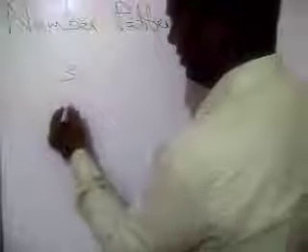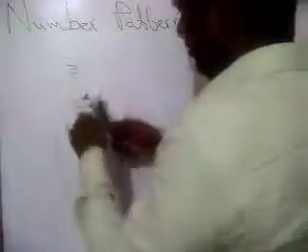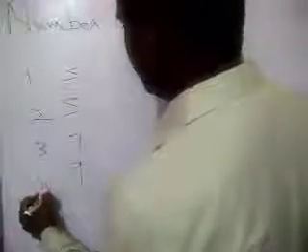So, for example, let's say there's a number pattern like 3, 5, 7, 9 and so on. Let me draw the serial number. This is the first number of this number pattern, this is the second number, this is the third number, this is the fourth number. Let me draw a table here.